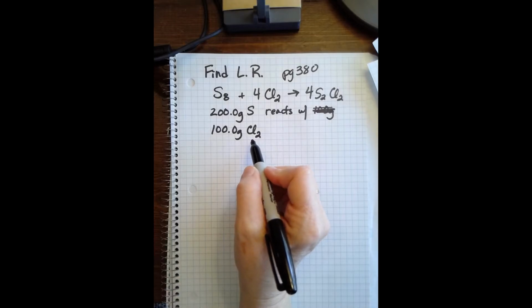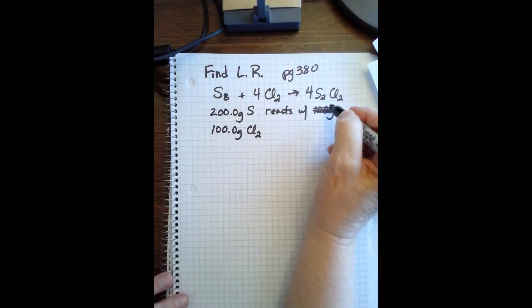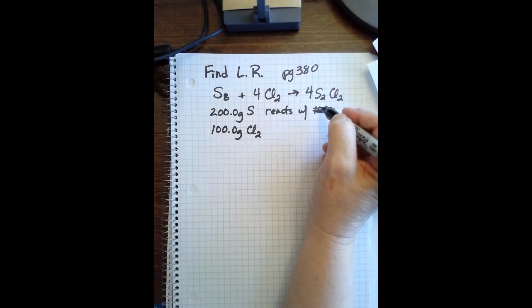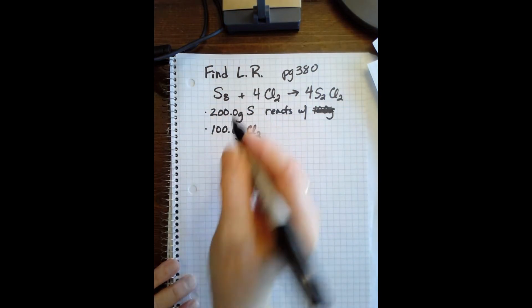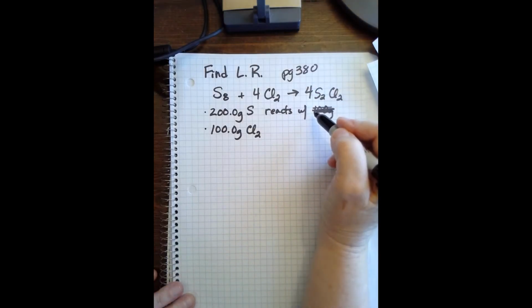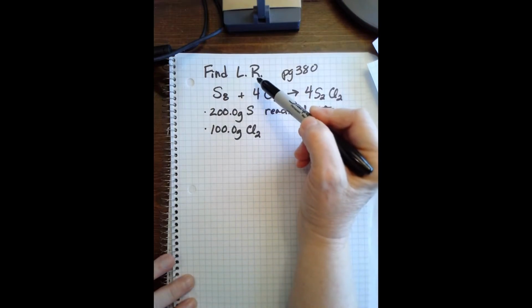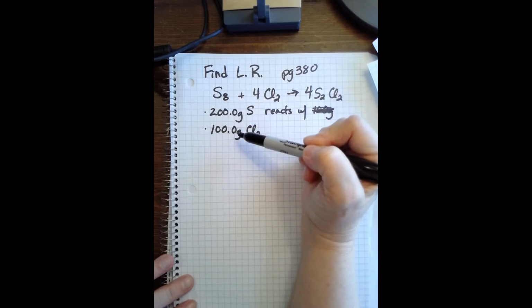The question asks us to find how much of this we can make under these circumstances. But first, we have to find the limiting reactant because we've been given 2 masses. So I'm going to ignore the basic stoichiometry for just a minute and deal with finding the limiting reactant, because that must be done when we are given 2 masses.